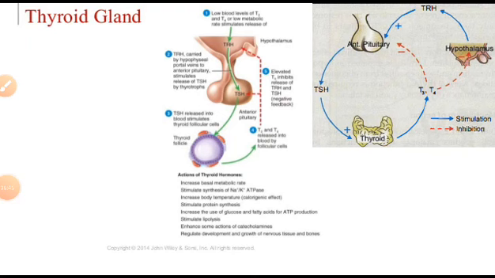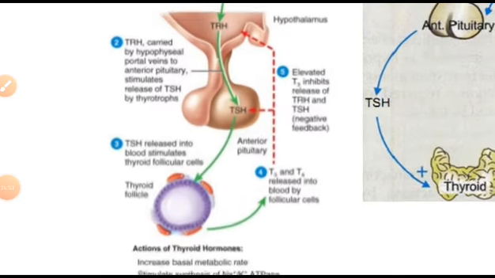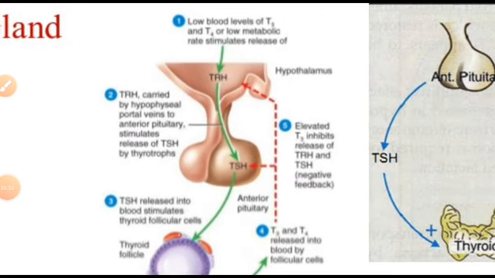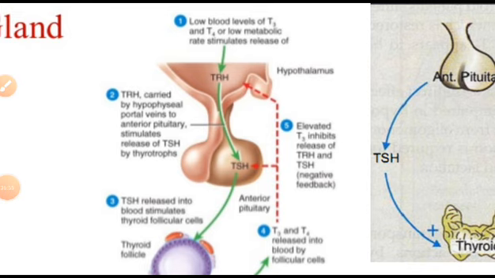Now if you see this diagram, it tells a similar story: whenever the hormone level goes down, a low blood level of T3 and T4 or low metabolic rate stimulates release of TRH.